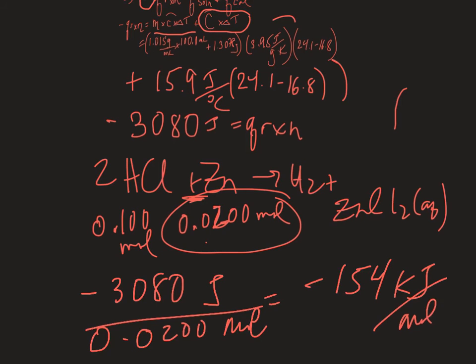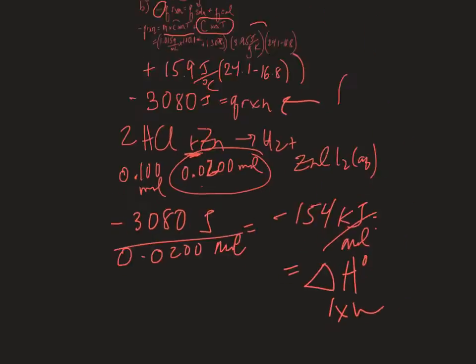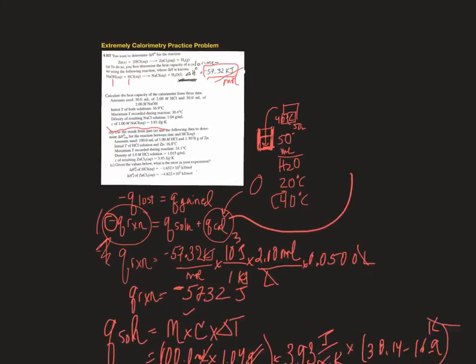Kilojoules per mole equals the delta H reaction, right? And the moles were incorporated to take our joules, which happens to be for the amounts for this reaction, our Q reaction. And when I divide by the moles used, I convert it to something much more usable, which is the delta H.